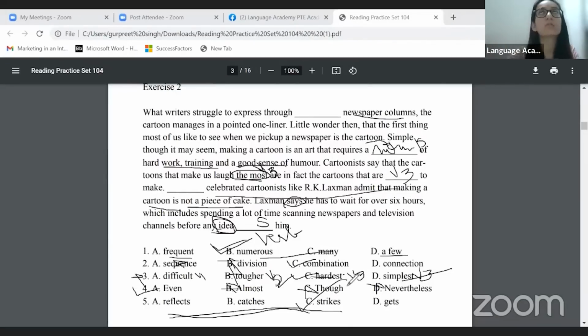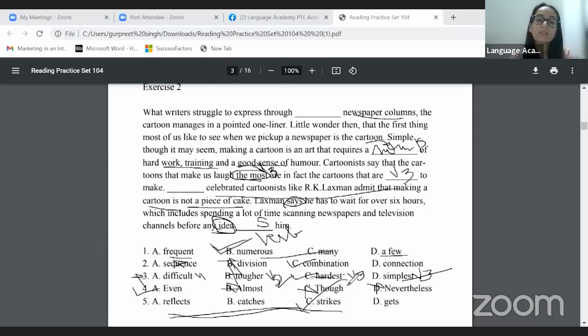For example, you might have heard this thing: how did this idea strike you? That simply means how did you get this idea? So strike is the verb that we academically use with the noun idea. Idea and strike is a combination.